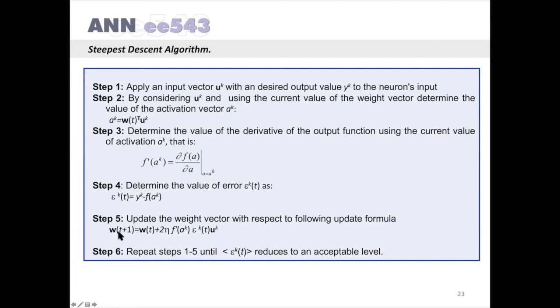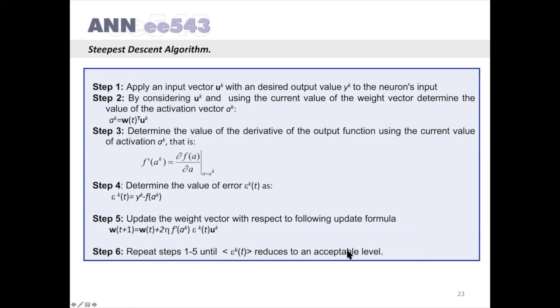Weight vector at iteration t plus 1 is equal to weight vector at iteration t plus 2 times eta, this is the learning rate, the derivative of the function at ak, the error epsilon k at time t multiplied by input uk. Repeat steps 1 up to 5 until the mean value of the error epsilon k at iteration t reduces to an acceptable level.